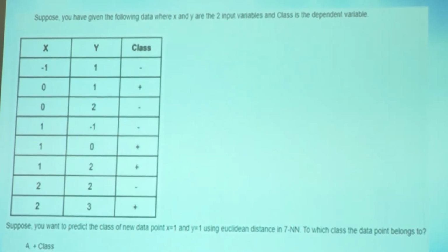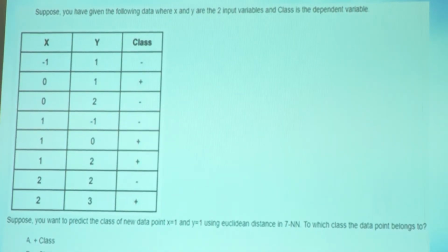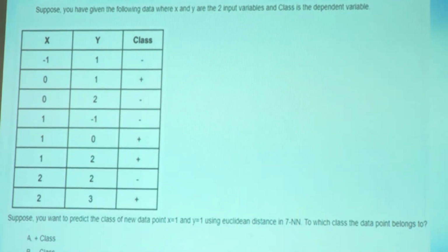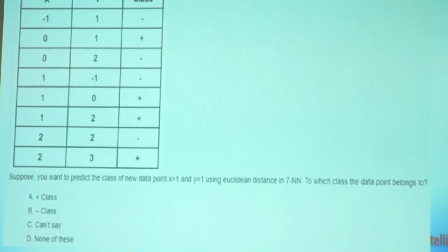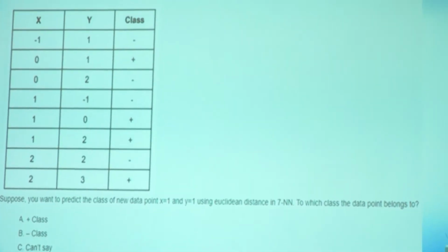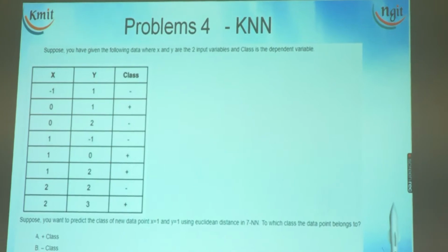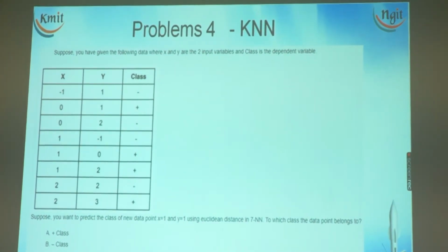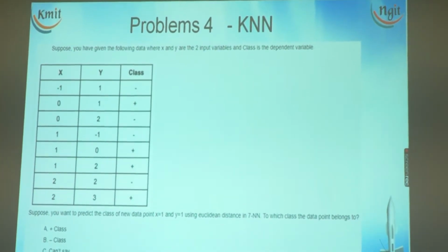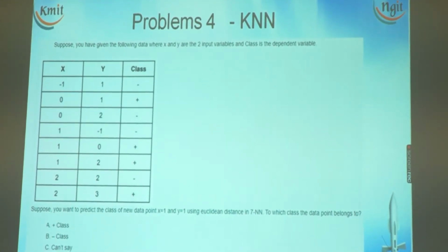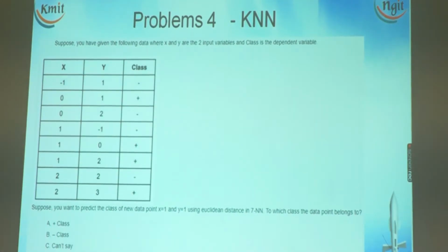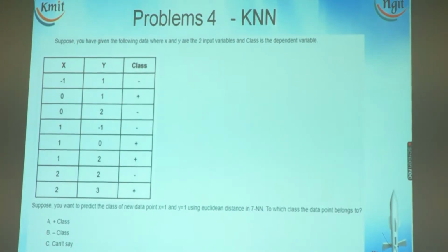Okay, you know it? How do we calculate the nearest neighbor? How do we classify the nearest neighbor for a new query? Okay, yes. The simple method is Euclidean distance.